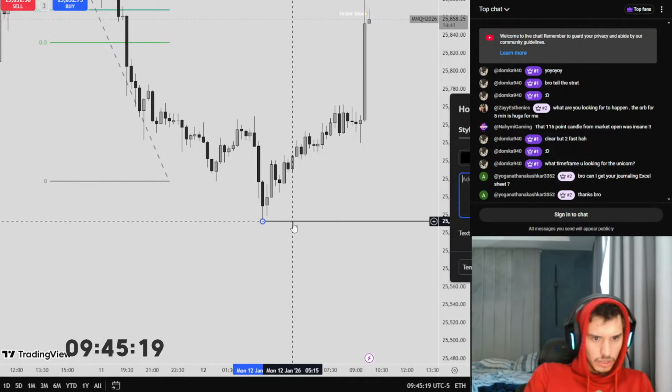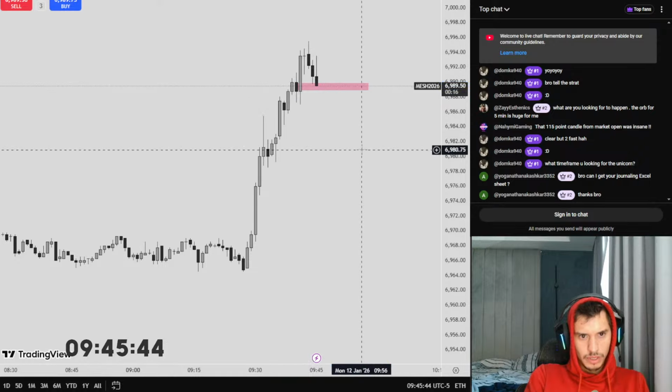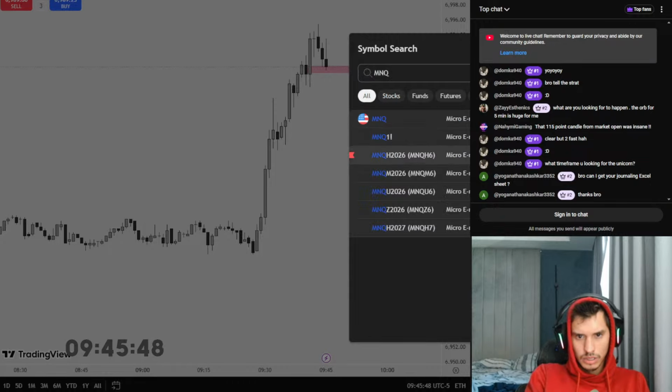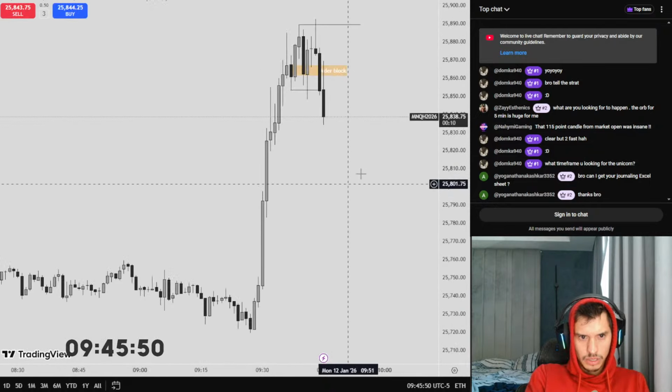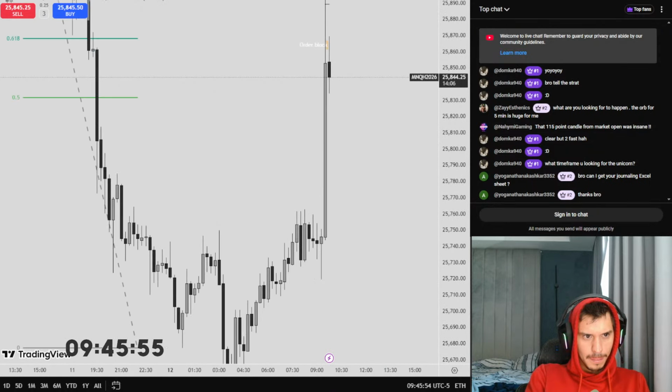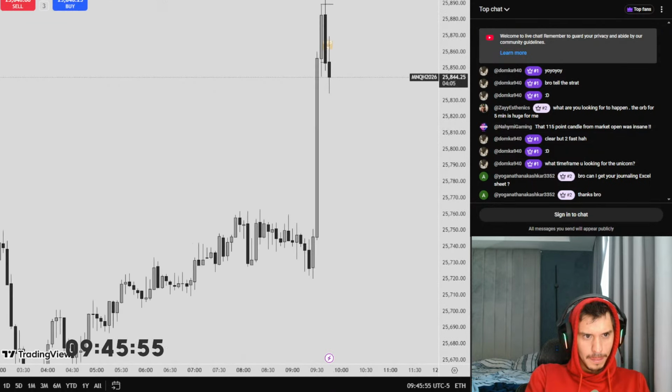Notice how ES still does not shift market structure from this order block, which we do want to see it shift. We could also take our entries based off ES.